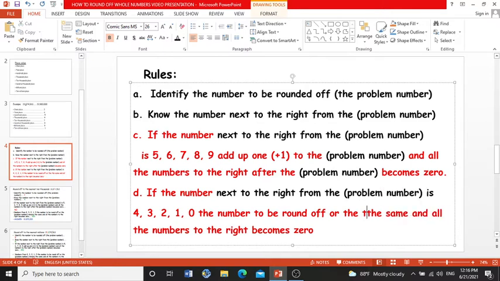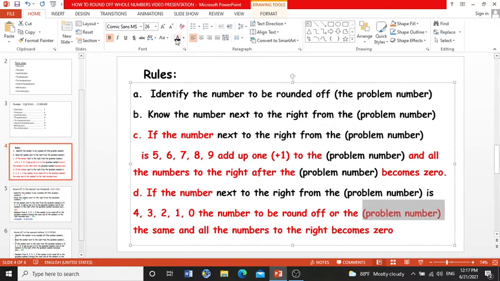or the problem number, I want to make it similar to this one, remains the same, and all the numbers to the right become 0.